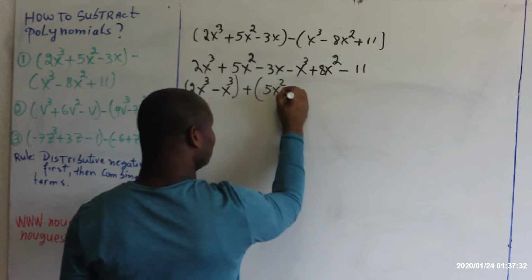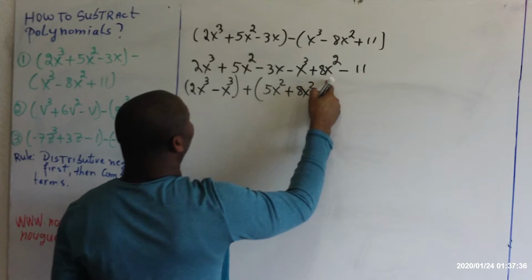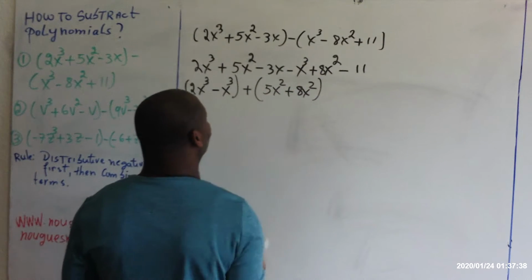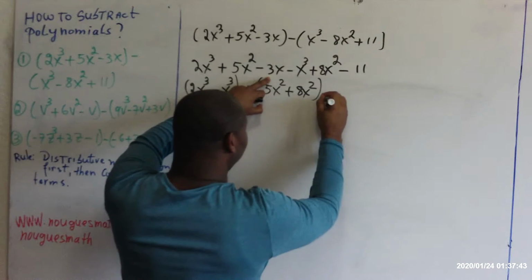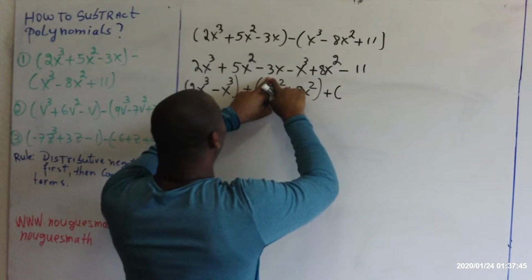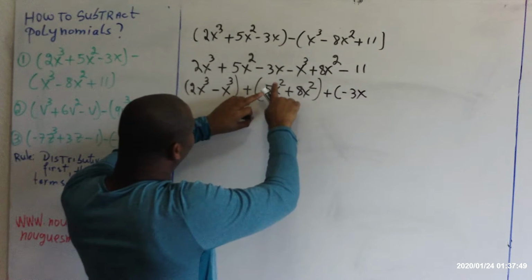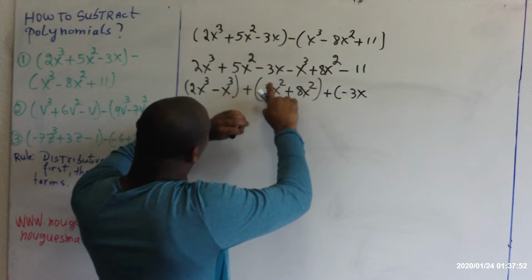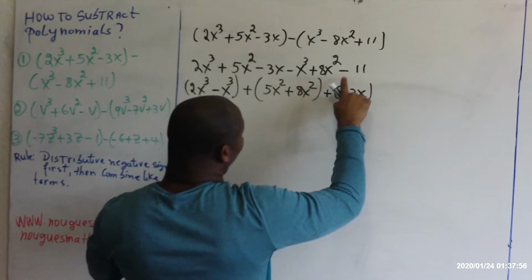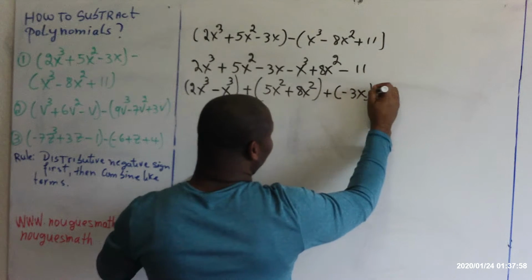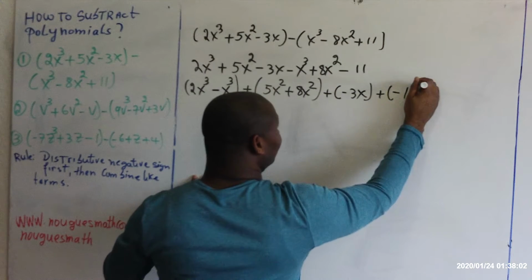Another term with squared is 8x squared. Okay, no more terms with squared. So now terms with x, negative 3x. For terms with x, we only have one. Okay, numbers, we only have negative 11.